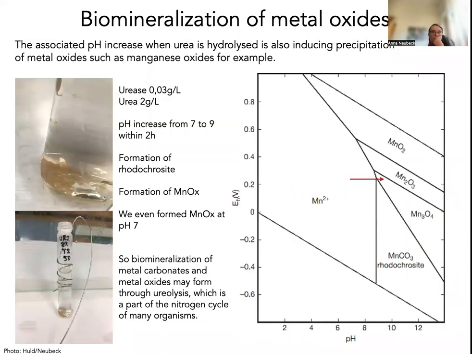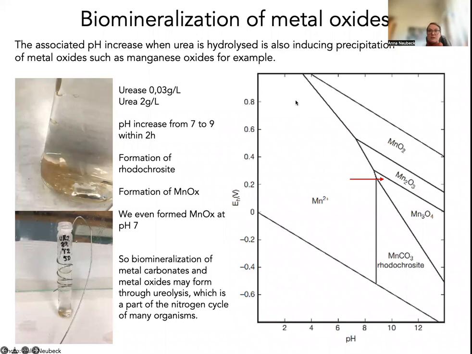But we wanted to look in some experiments if we could use this urease and urea reaction to not only biomineralize carbonates, but also oxides. Because if you raise pH by hydrolyzing urea with urease, you should also be able to precipitate oxides.